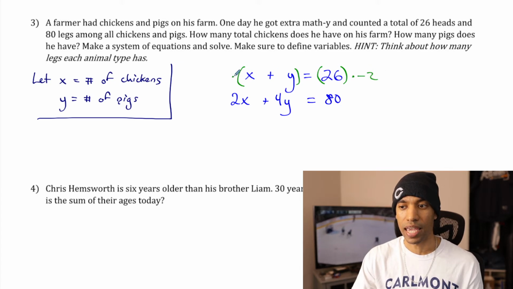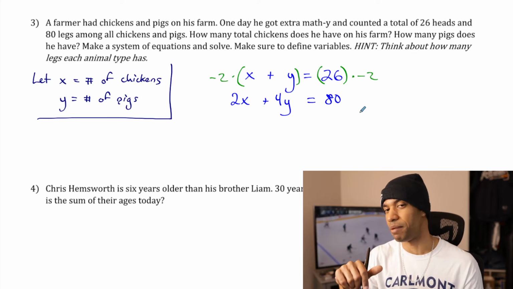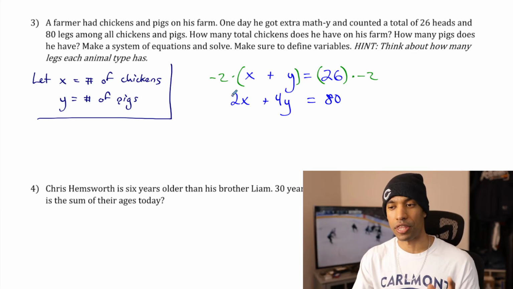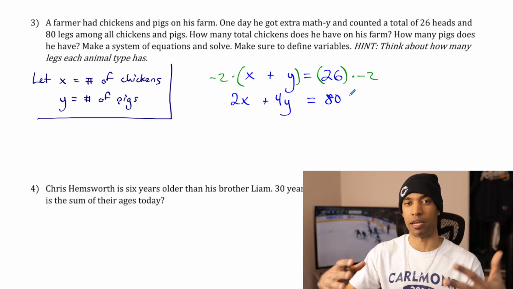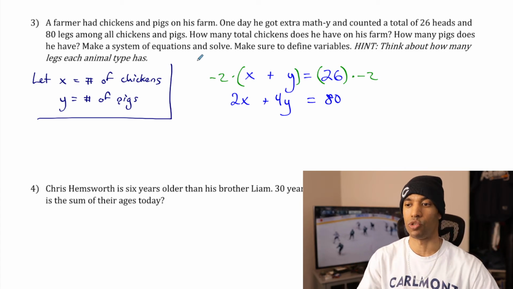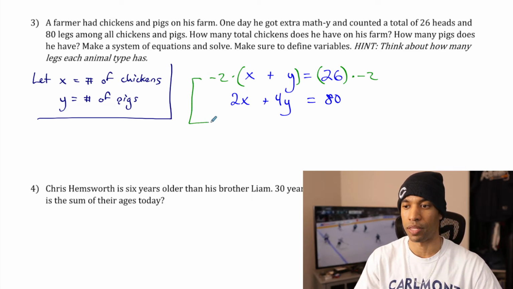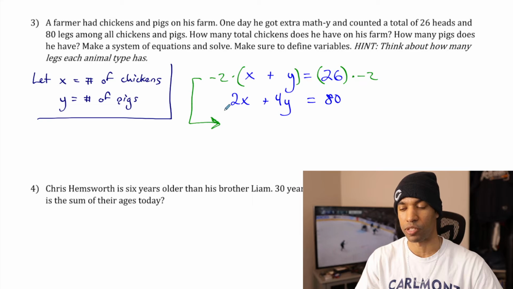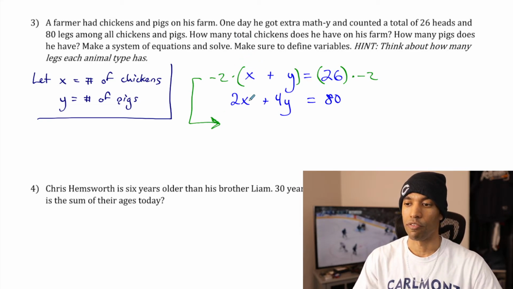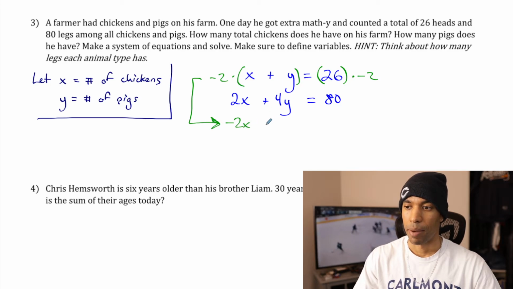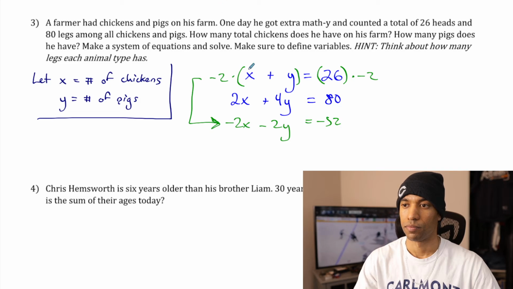I'm going to state the fact that you could take this bottom equation and divide it by -2 because everything here is divisible by 2 and that would make numbers smaller. I don't think it's too bad of an issue to multiply by -2 though. I think that's what most people will see. I don't want them to make a mistake in a case that you can't. So if you multiply both sides by -2, you get -2x minus 2y equals negative 52.